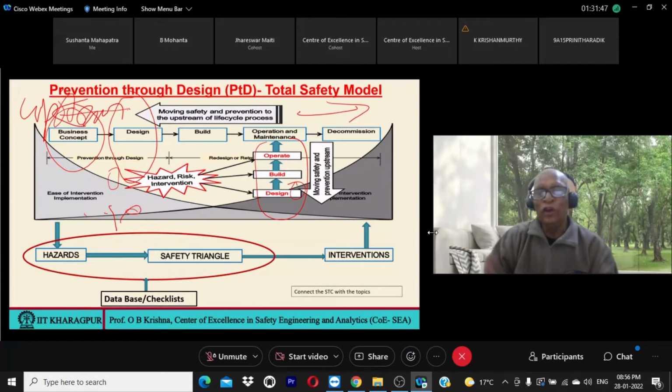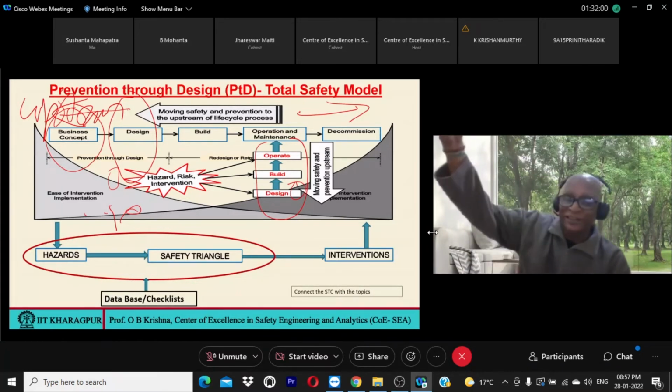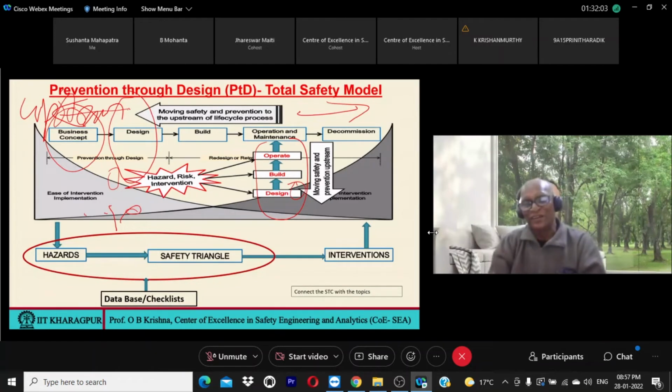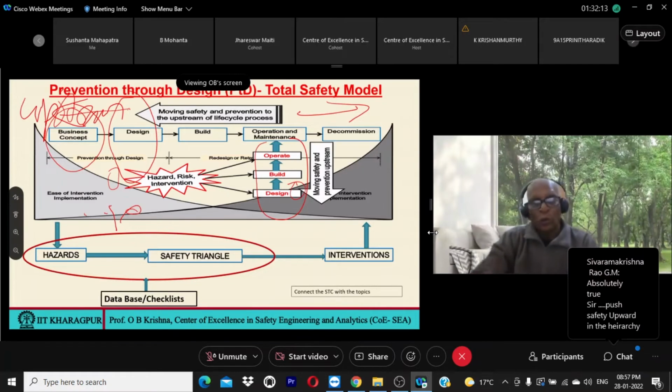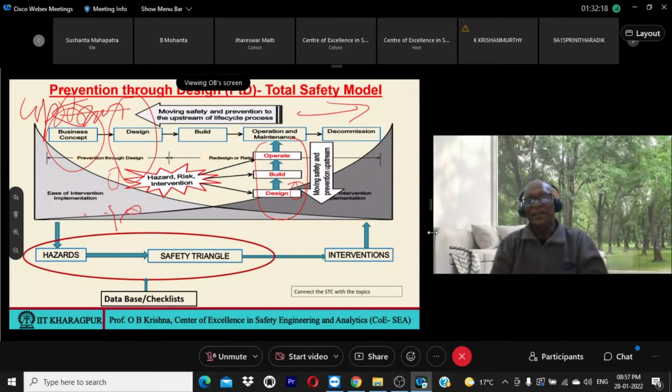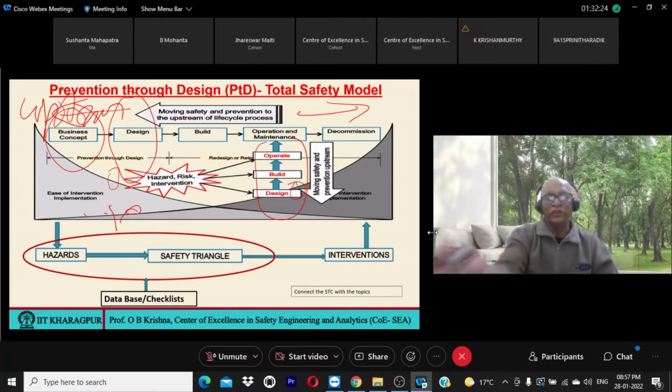If you have found some hazard in the operation, and without properly calculating the risk, without properly understanding the intervention, you start doing it, probably that will result in much more hazards or much more risk. So you have to go systematically. You should understand the hazards, the risks, what amount the risk is, and how to properly design it and properly execute it. That is called prevention through redesign or prevention through retrofit.